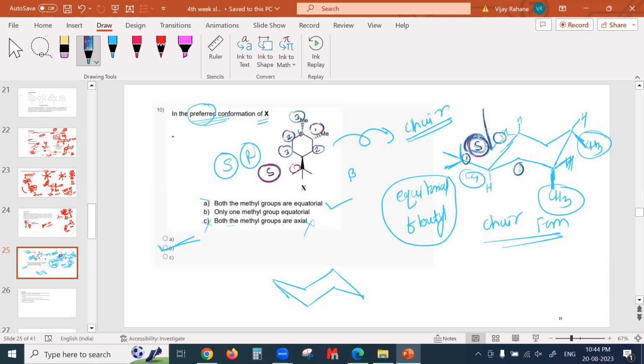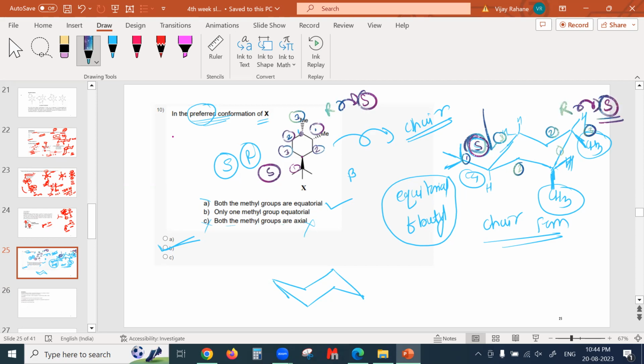So 1, 2, 3 is R, which changes to S because hydrogen is upside. We have to keep the numbering in mind.